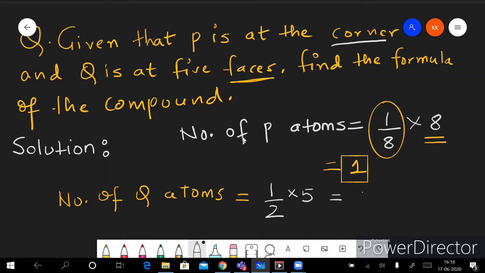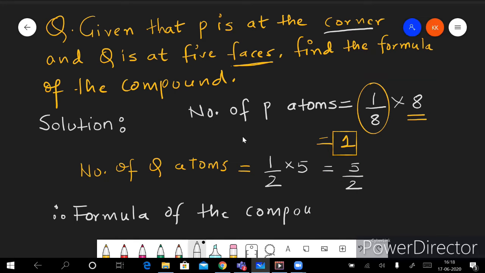So the answer comes out to be 5 upon 2. So we can simplify it as formula of the compound is P 1 time and Q 5 upon 2 times.